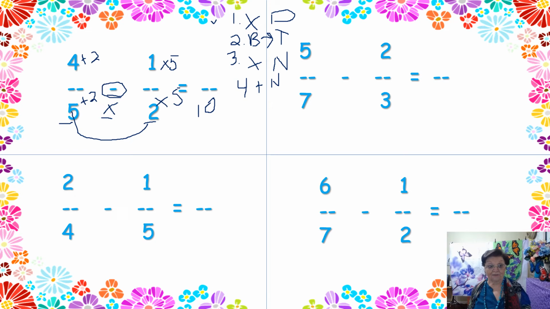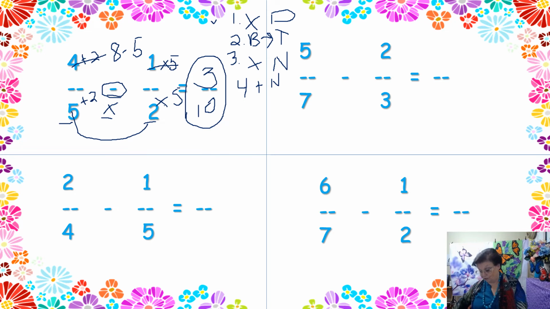Okay, 5 times 2, what's our new numerator here? 8 minus 1 times 5. What's our new numerator here? 5. 8 minus 5 is, you're correct, it's 3. Here's our answer. Now we have a new numerator and a new denominator.